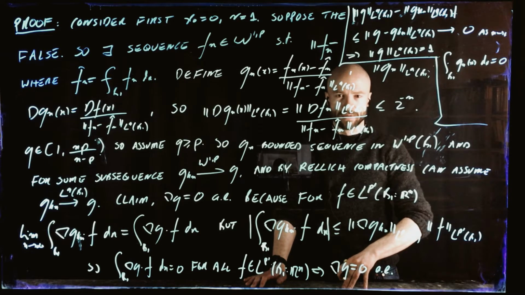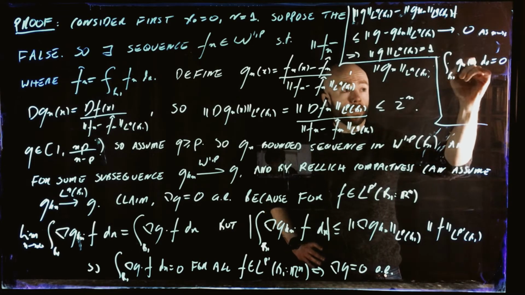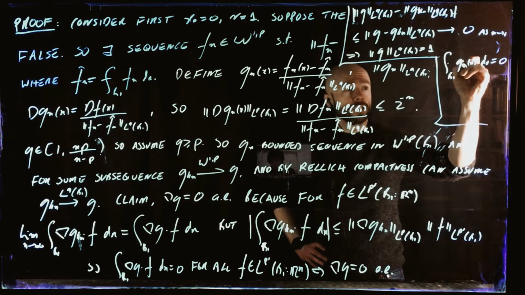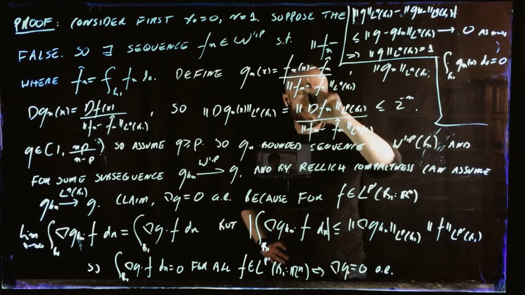Yoko, you don't look convinced. No, that's just the integral of the function. We're taking the integral of the function itself. So let's see what happens when we integrate through this.